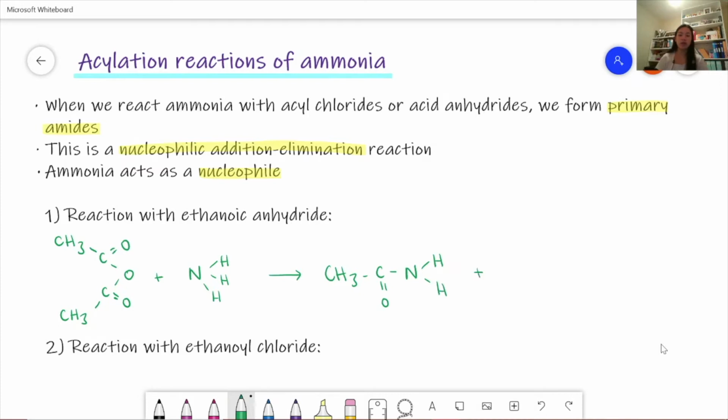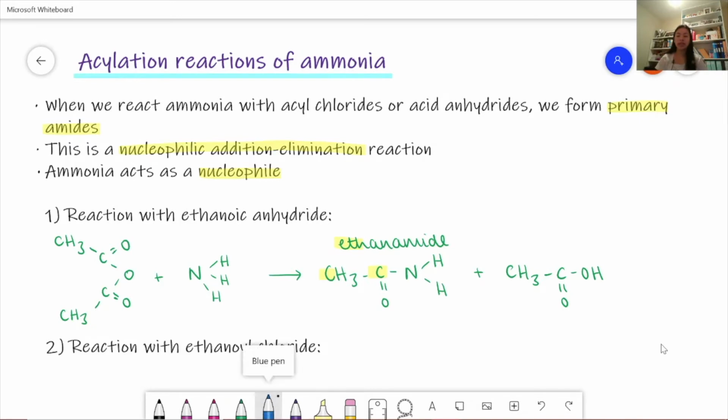And what we also form is ethanoic acid. So we have CH3, C double bond O, and OH. So what we've formed is ethanamide. And we call it that because it's an amide and we've got two carbons, so we use the prefix eth.